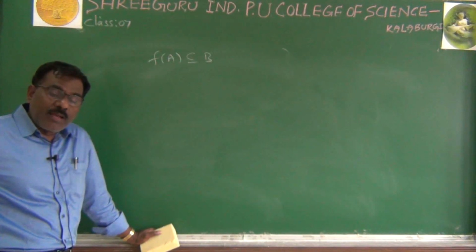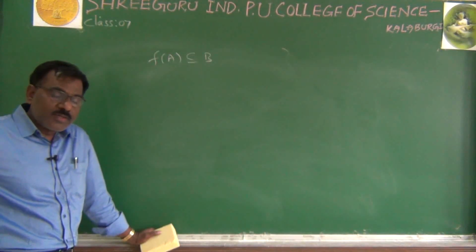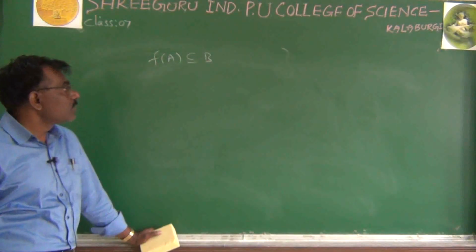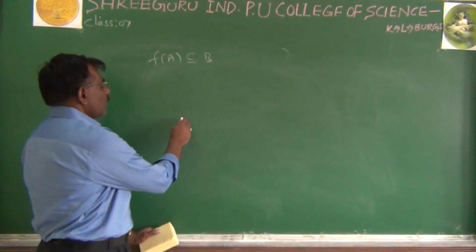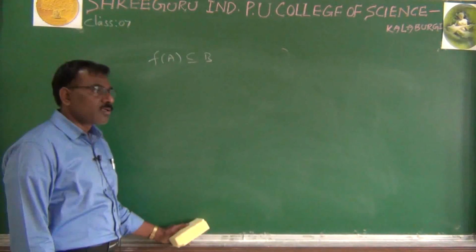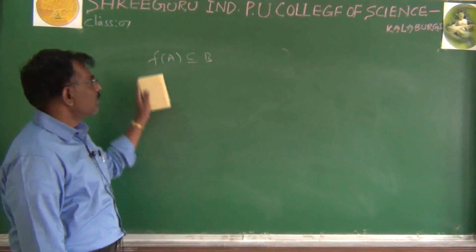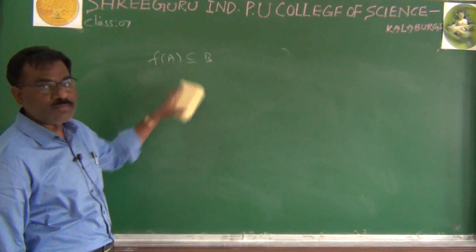Whatever the elements of the range are, they belong to set B. So f of A is a subset of B.